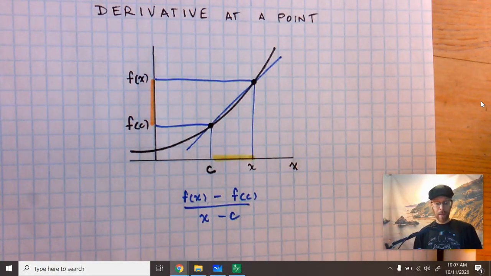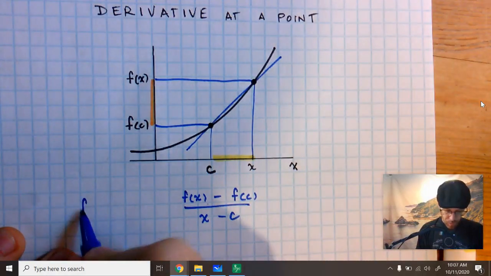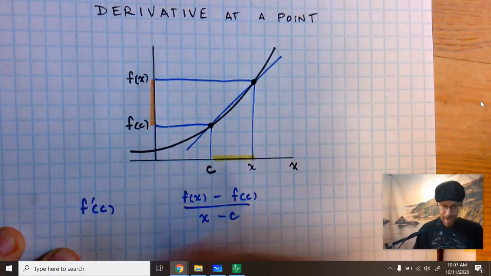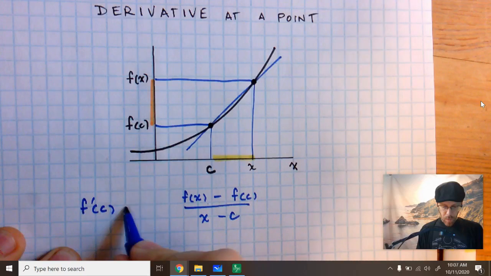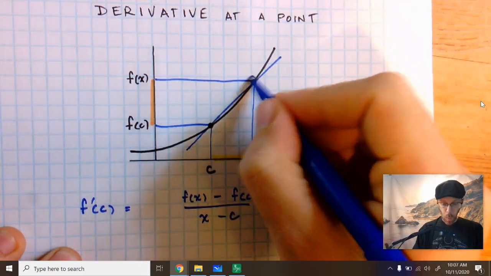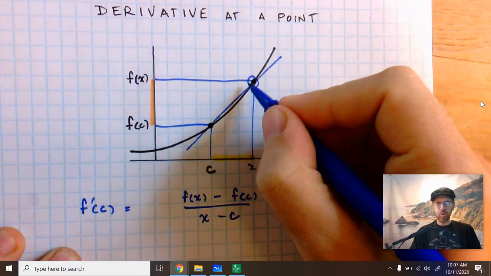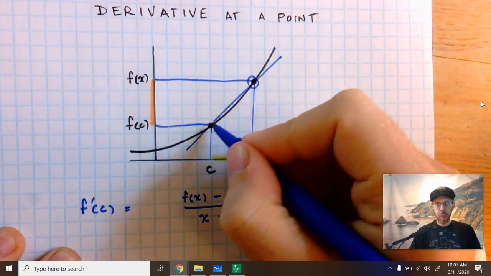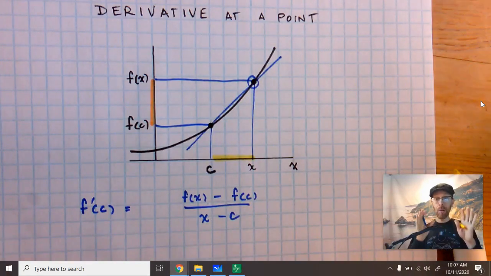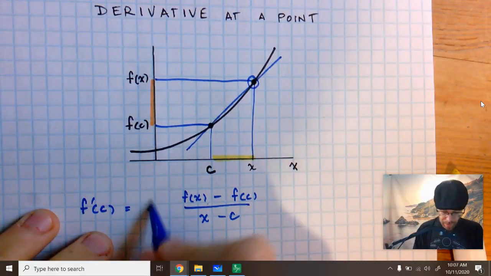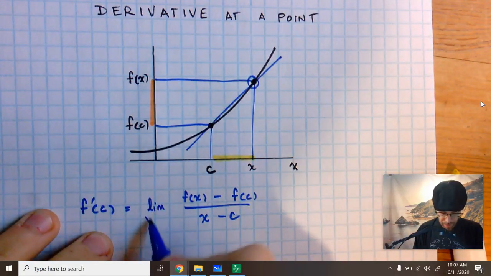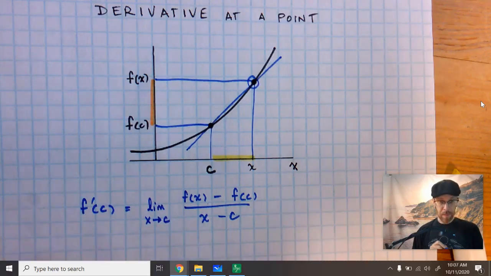And the other thing that we talked about is that if you want the actual value of the derivative at this instant right here, what we have to do is pick up this point and drag it back towards this point. How close? As close as we can possibly go. In other words, we want to take the limit as x approaches c.